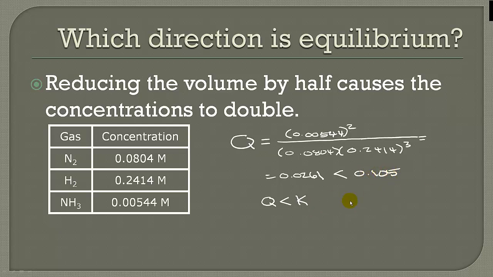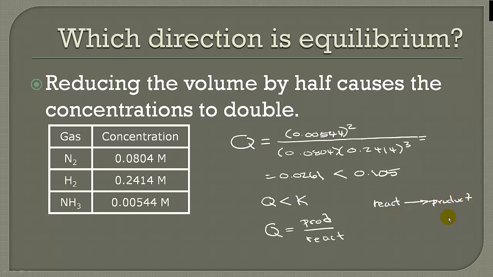So what does that mean? Well, remember, Q is the ratio of products over reactants. In order for the reaction to get to equilibrium, we're going to have to take some reactant and convert it over to product.